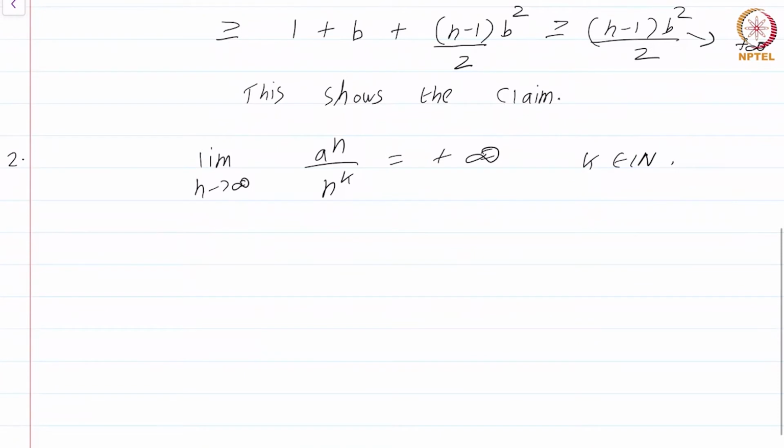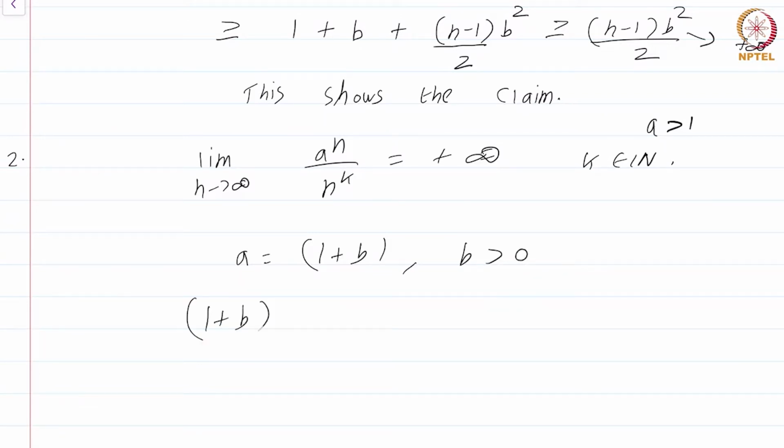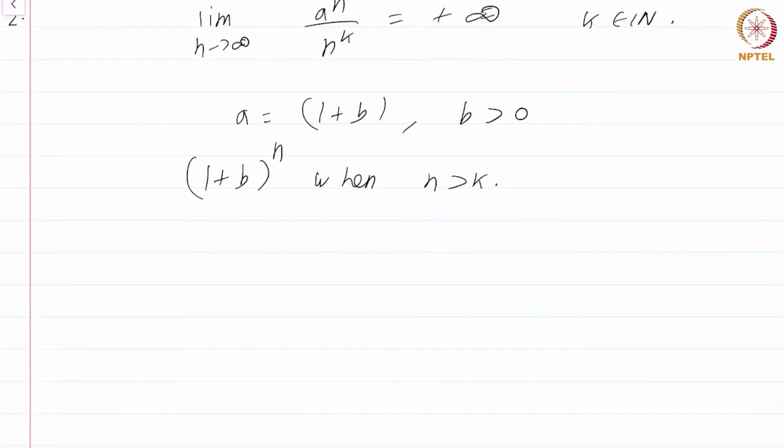Now, how do I show this? Well, this is slightly trickier, but it's exactly the same idea. Again a is greater than 1, write a as 1 plus b, and b is greater than 0, and look at (1 plus b)^n when n is greater than k. Now, how will the binomial expansion look like?